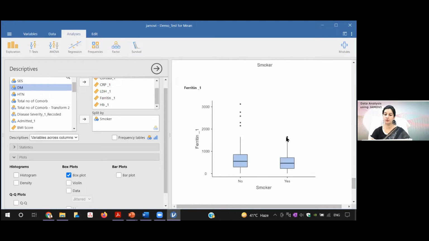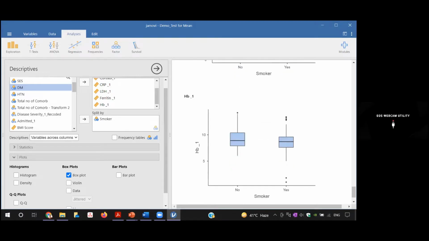Here also you can see one outlier, and there are 5 outliers in the no smoker category.